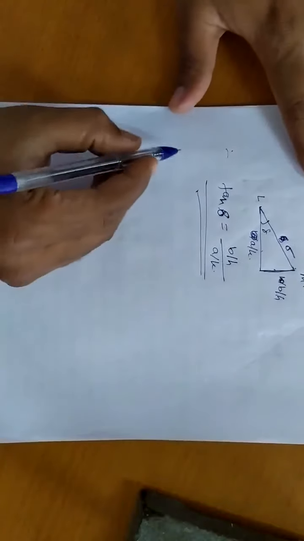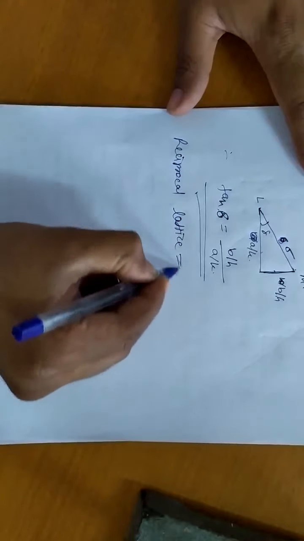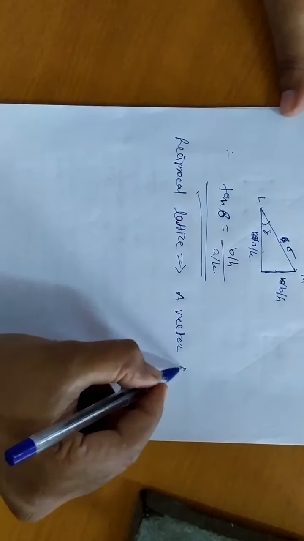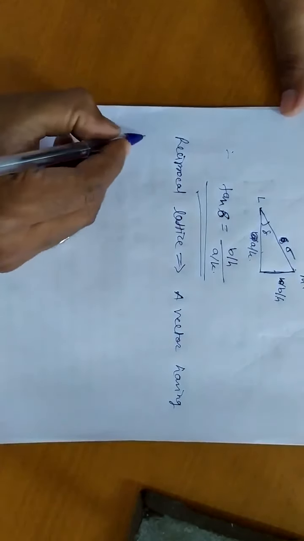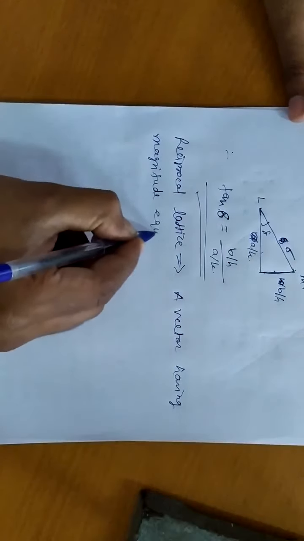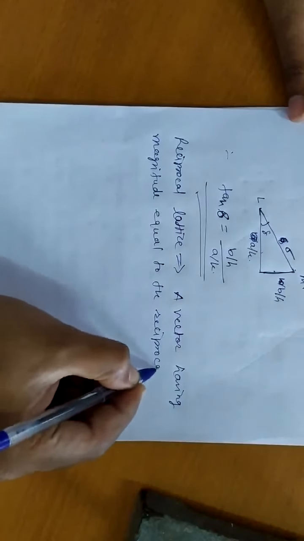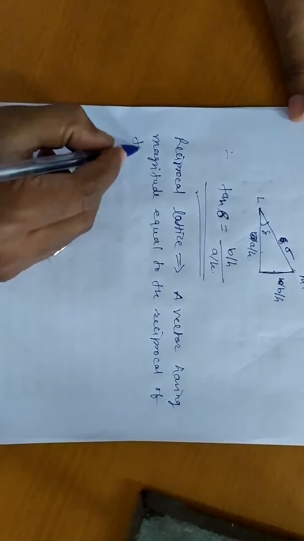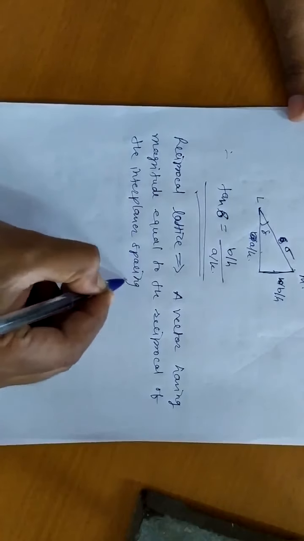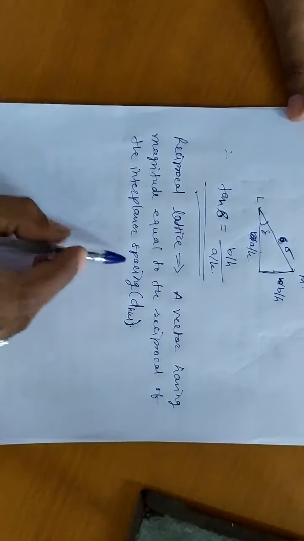Therefore the reciprocal lattice can be defined as a vector having magnitude equal to the reciprocal of the interplanar spacing, that is interplanar spacing is d HKL.